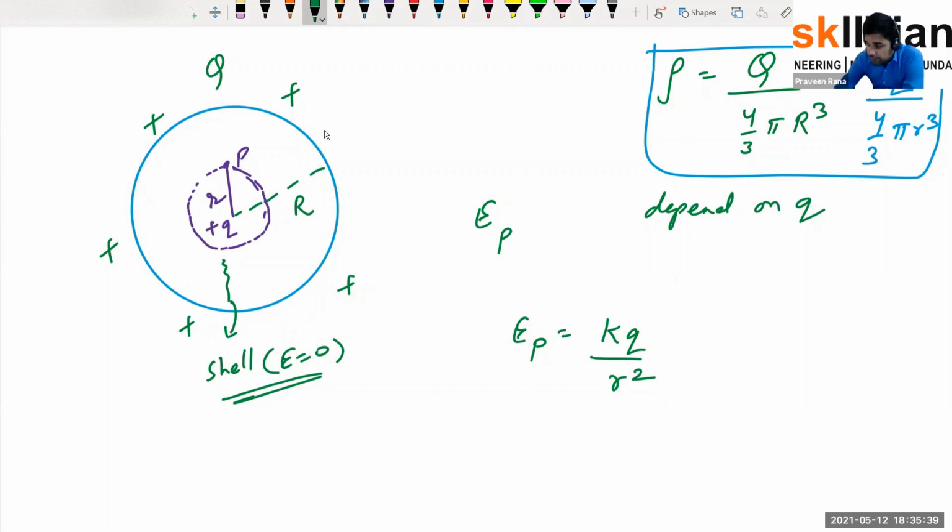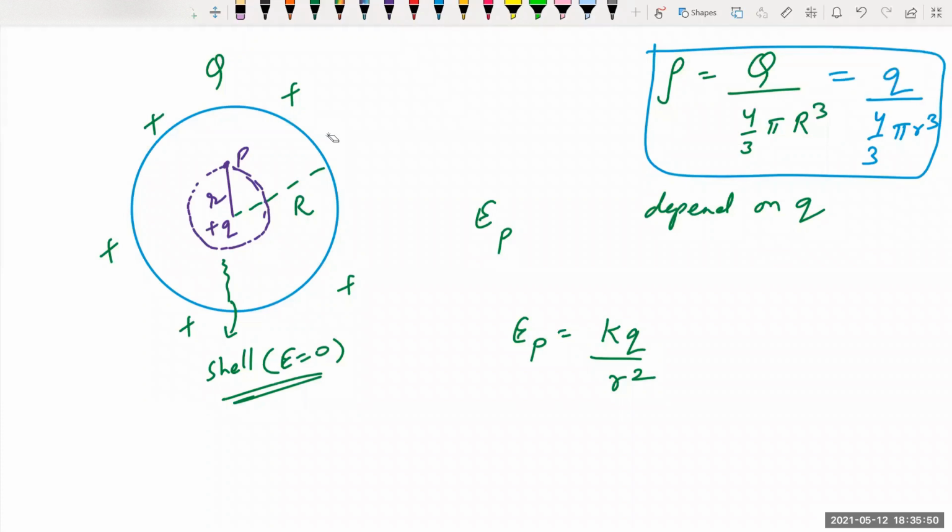Now, can you tell me the value of small q from here? Put the value of small q in terms of capital Q, because we know the whole charge, but we don't know the charge that is present inside it. So put the values, please. Isn't small q equal to capital Q?